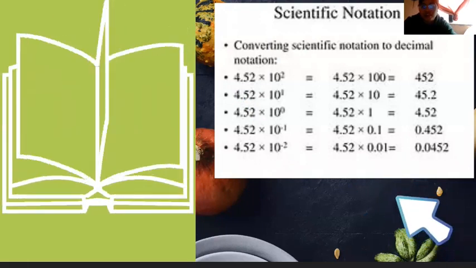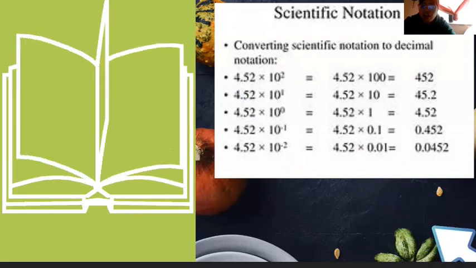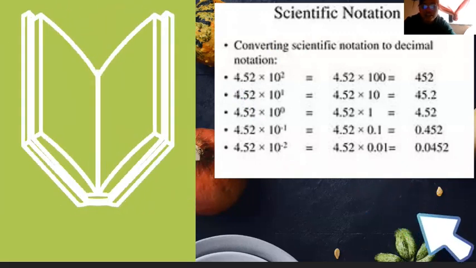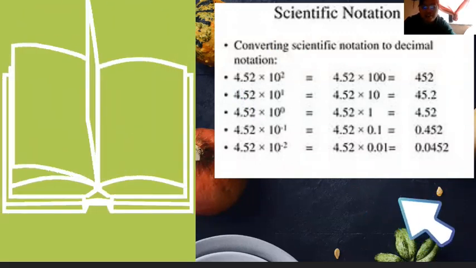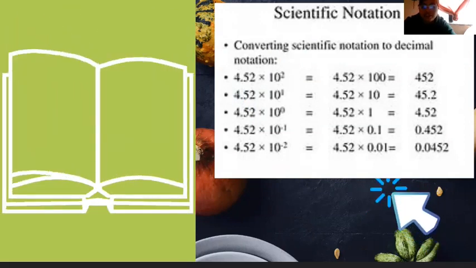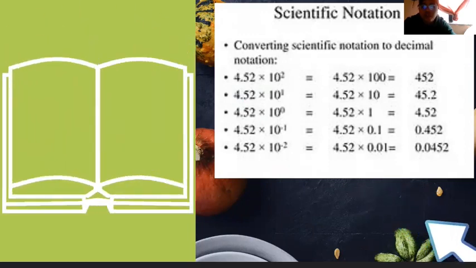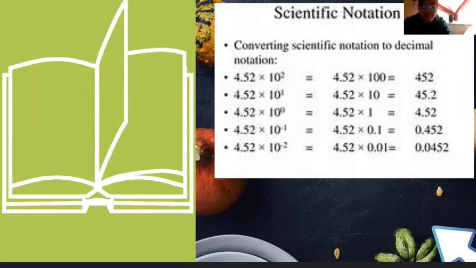But if the exponent is negative, we move to the left. For example, 4.52 times 10 to the second power equals 4.52 times 100 equals 452.